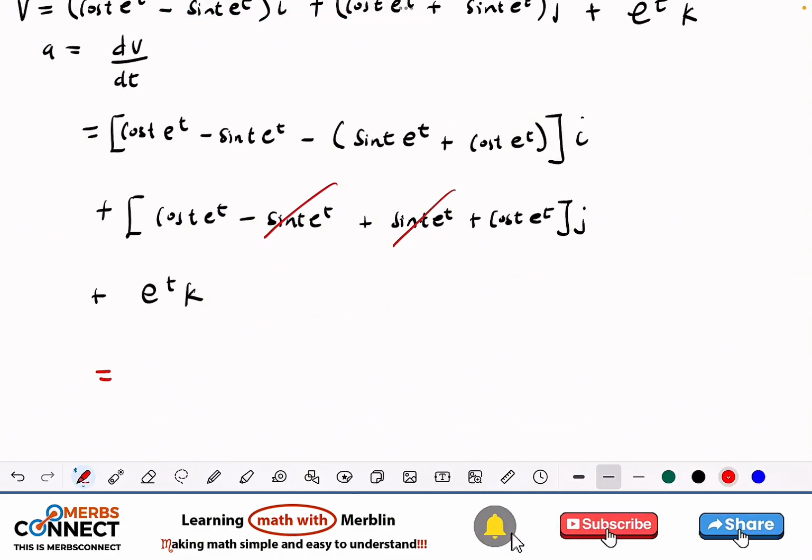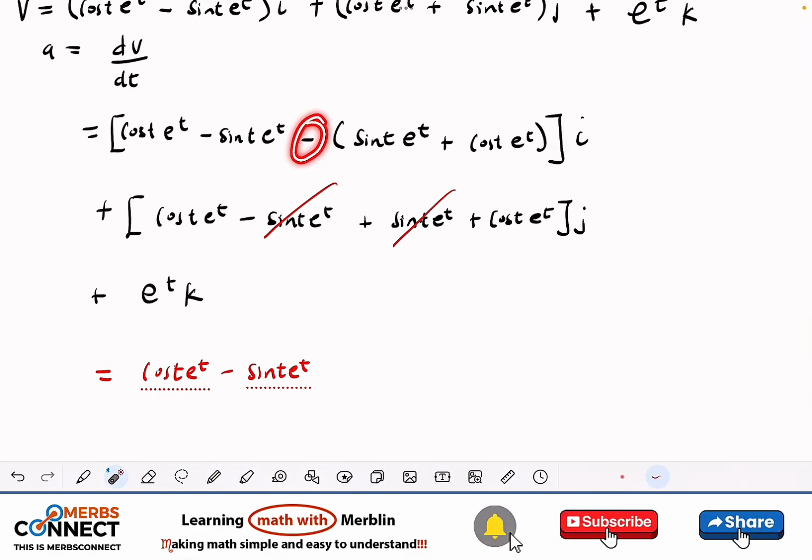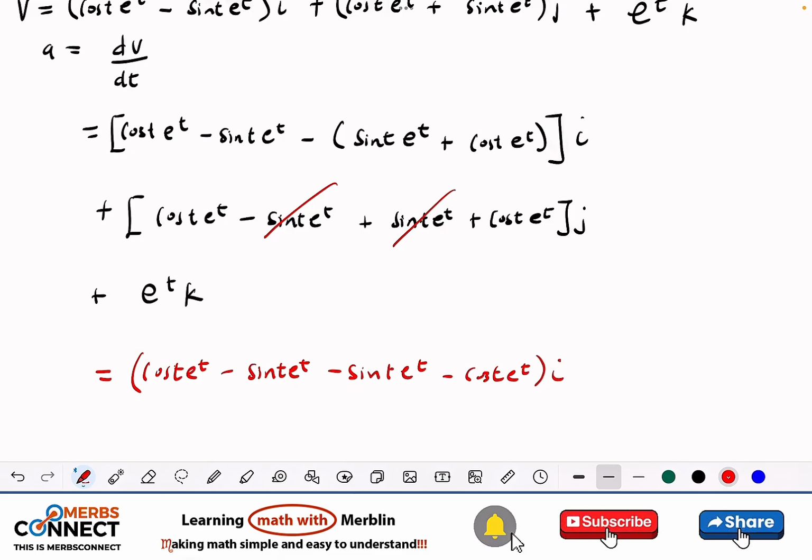From the top, I'm going to have cos t e^t minus sine t e^t. Then when I multiply through by the minus, I'm going to have minus sine t e^t minus cos t e^t, or i. So you see that this will cancel that, right?